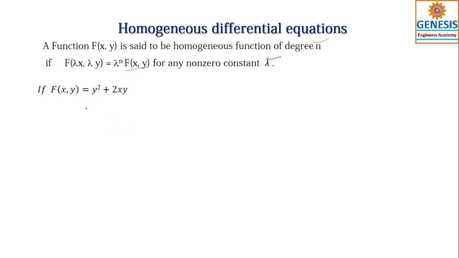Okay, if f of xy is y squared plus 2xy, so this function contains x and y terms. If we rearrange by substituting lambda y for y and lambda x for x, we get this.